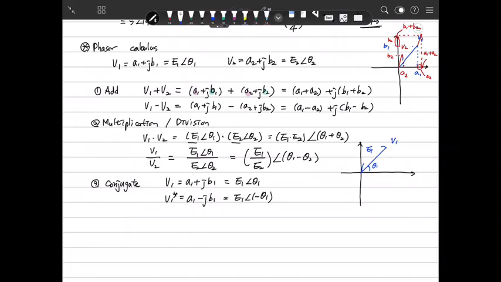The conjugate means this is B1, and that will be minus B1. So this is the conjugate of V1. The magnitude is the same, but the angle is minus theta 1. So the conjugate can be expressed in this manner.